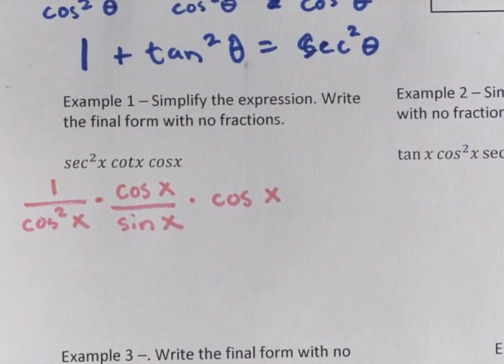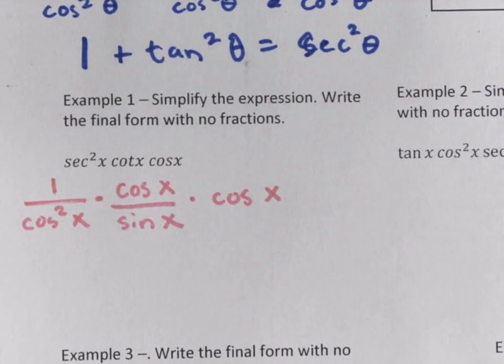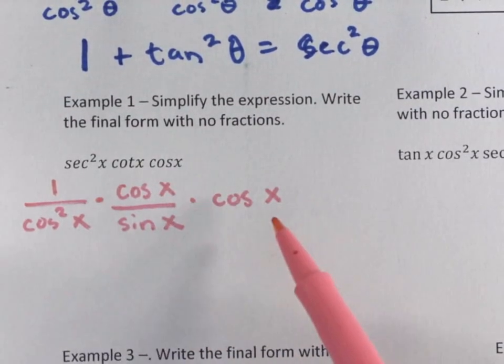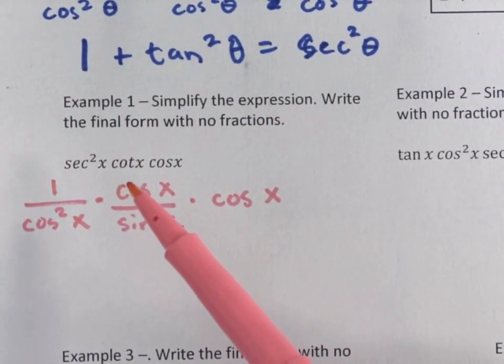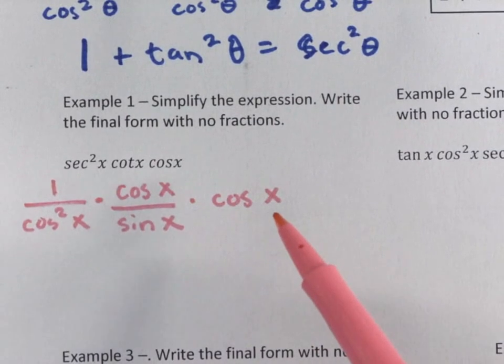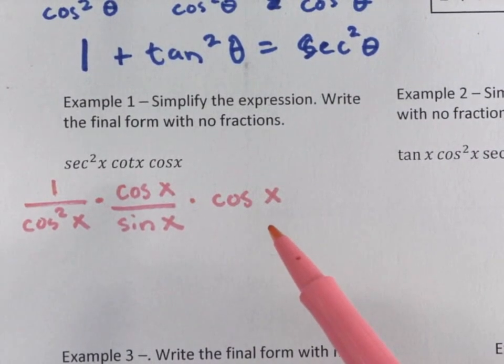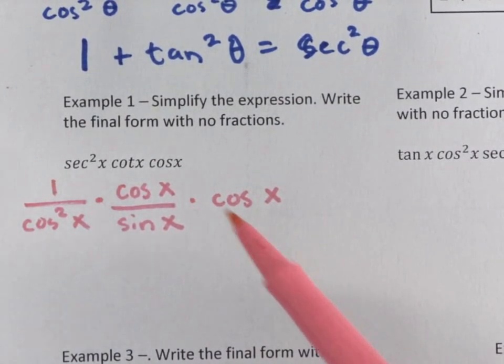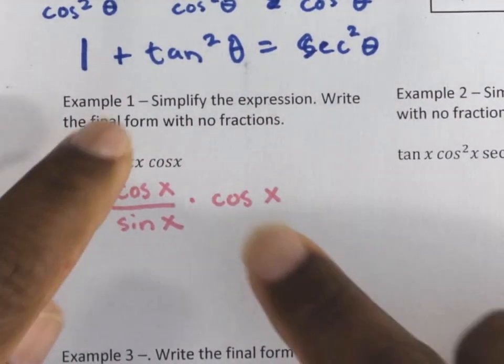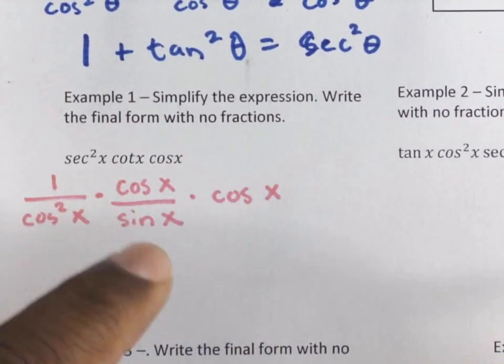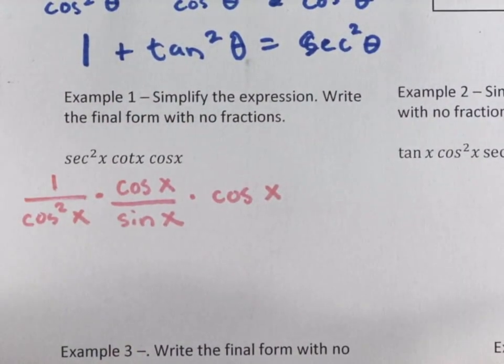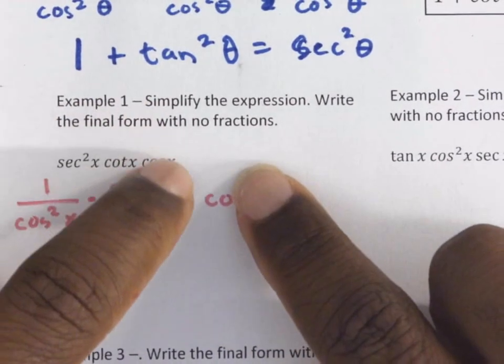Sine doesn't cancel out with anything but cosine. So one cosine times another cosine is what? What if it was x times x? x squared, right? So this will be cosine squared.